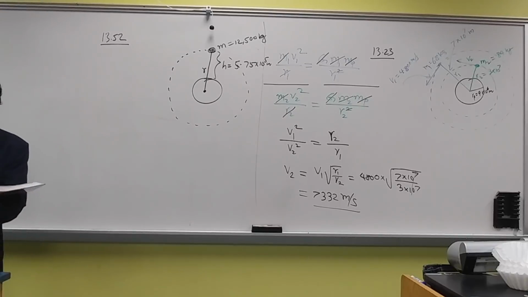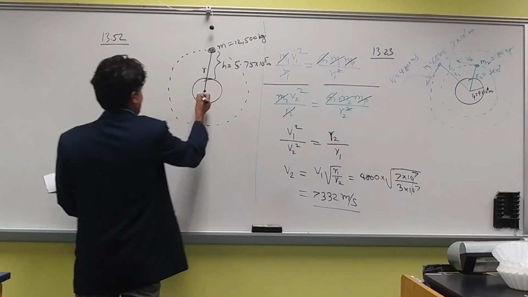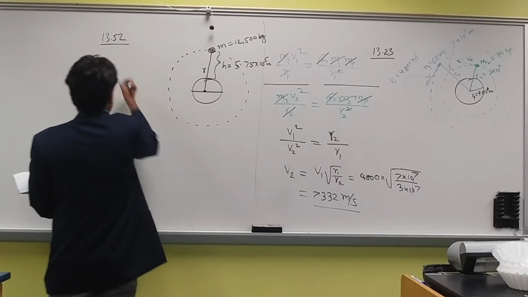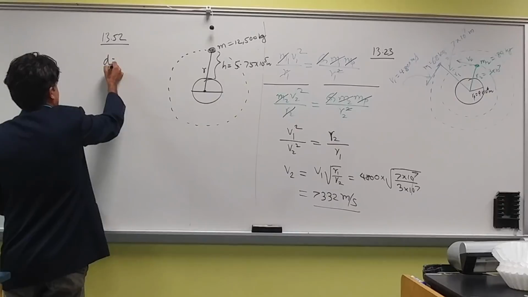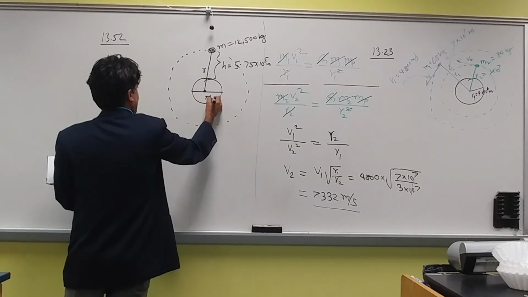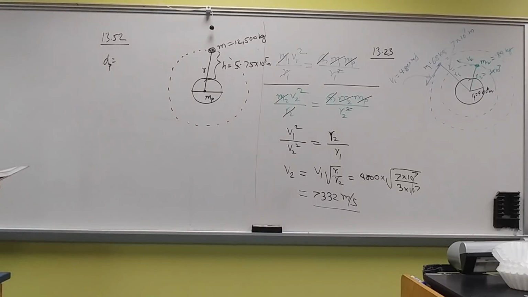What else? The astronaut in the lander measures the diameter of the planet to be 9.6 times 10 to the 6 meter. The diameter of the planet is given. I write here little p, this is the mass of the planet.